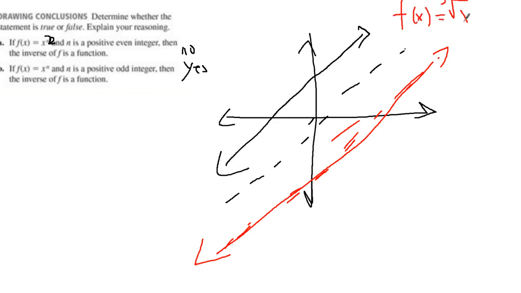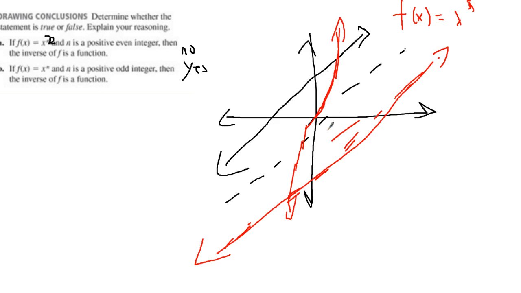Okay, let's do f(x) equals the third root of x. No, actually we need an integer. So f(x) equals x cubed. The inverse of x cubed is the cube root of x. I need to graph this first. There you go, that will be the graph right there.